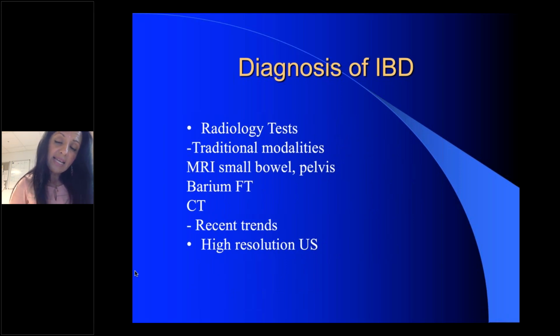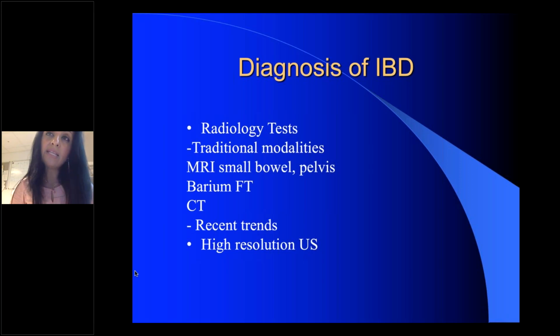Apart from these initial investigations, we would do radiology investigations, and traditionally now we do a small bowel MRI, which has really superseded barium follow-throughs and negates the use of any radiation. We still do, however, use barium for our really young children under the age of 5, just because they're not able to lie still for an MRI and will need a general anaesthetic otherwise.